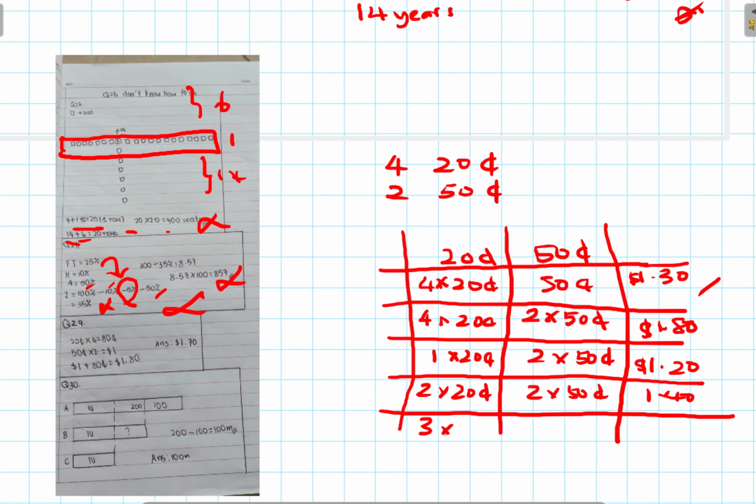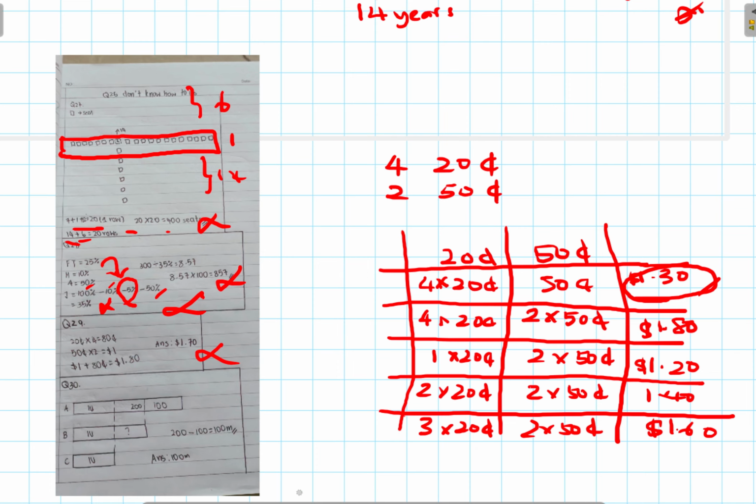But 3 20-cent coins, 2 50-cent coins, it's about $1.60. Okay, so you see that only this is possible because from the ones given in the test paper, there's $1.30. Okay, so this is wrong.